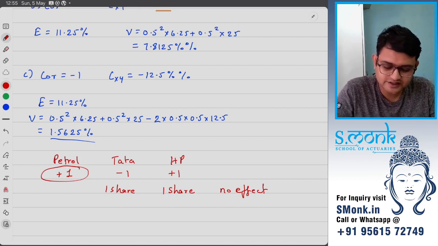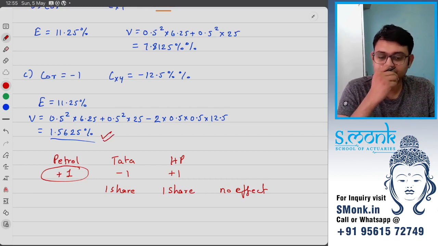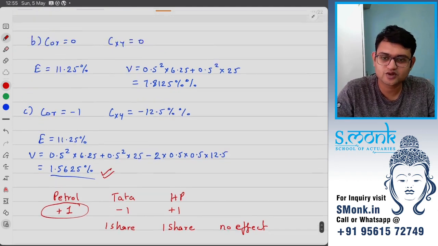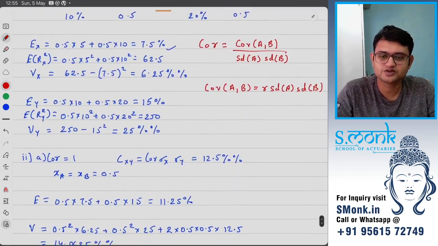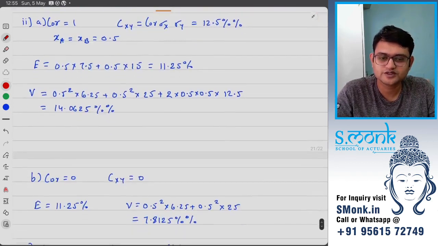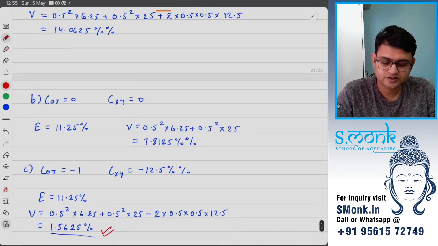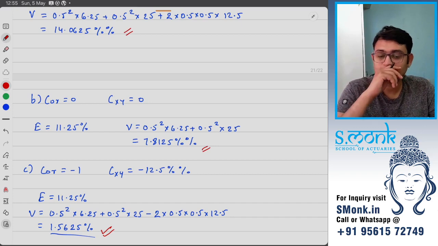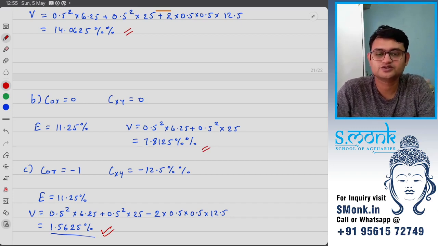That is this example here, and we can say that hedging gives us the least amount of variance in all the three strategies. Okay, so we talked about these three strategies, right? So hedging gives us the least variance.